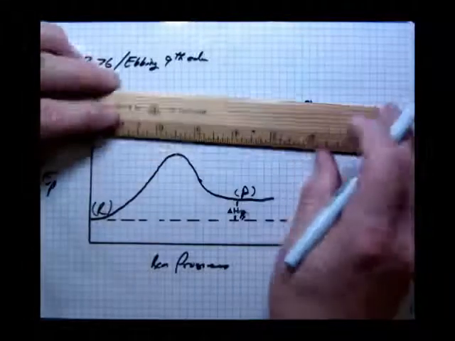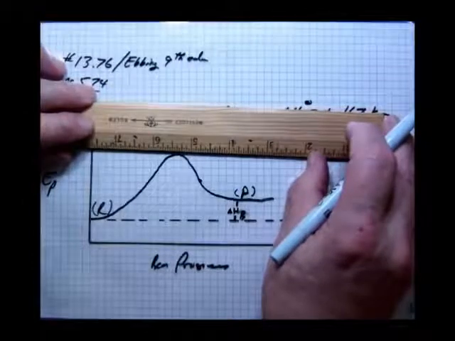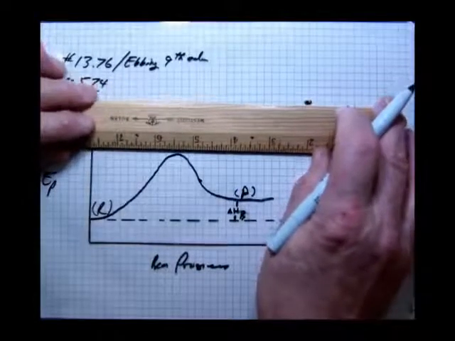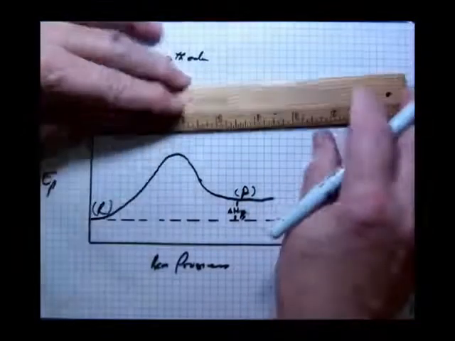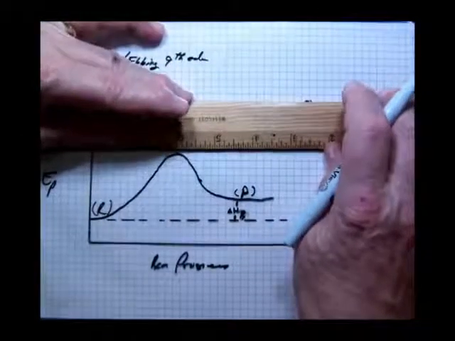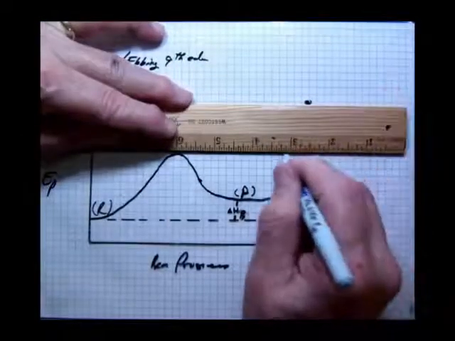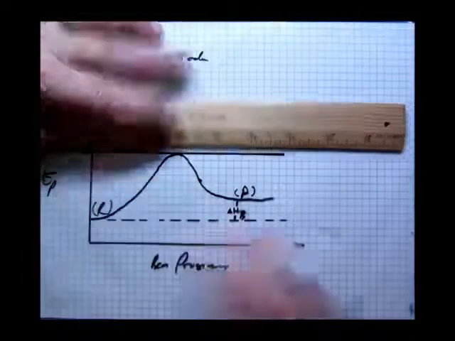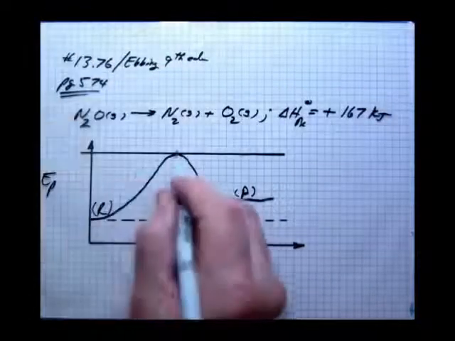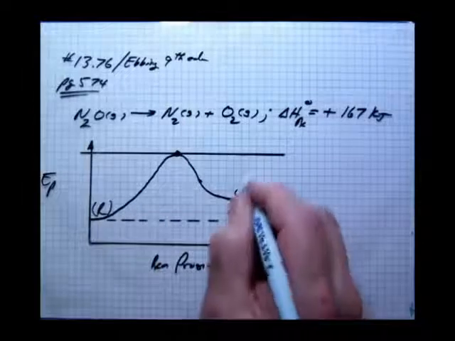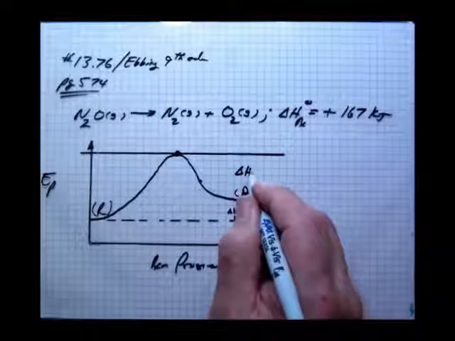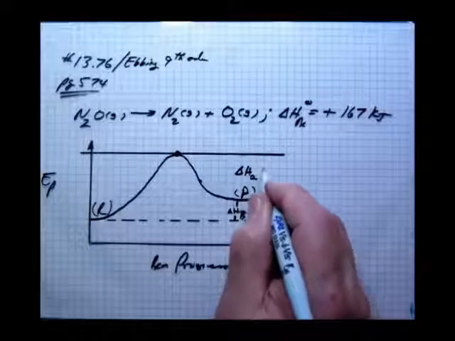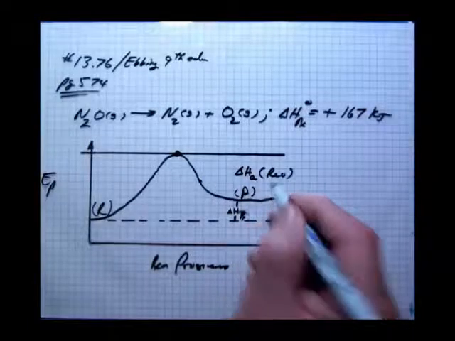The activation energies for forward and reverse. This is right here to the activation complex. So this is delta H activation, or delta EA, for the reverse reaction.